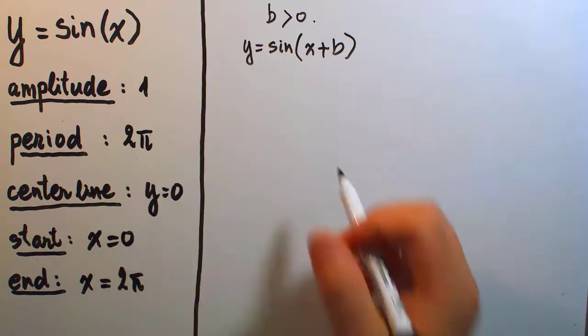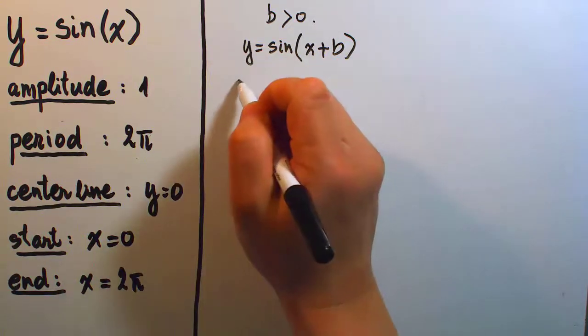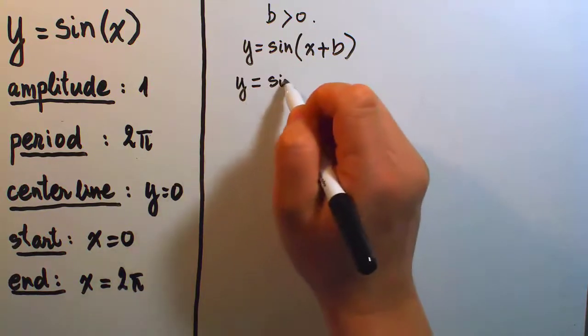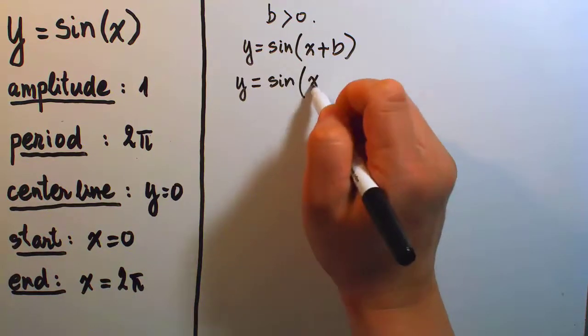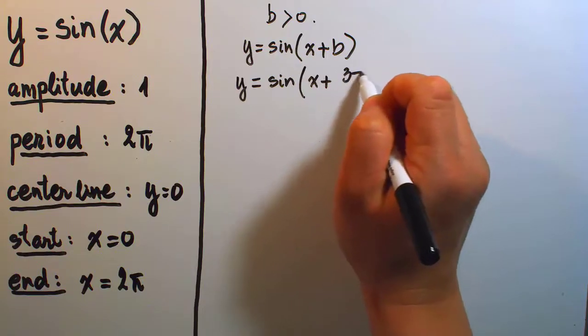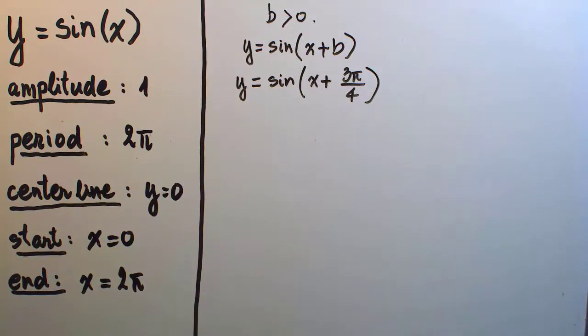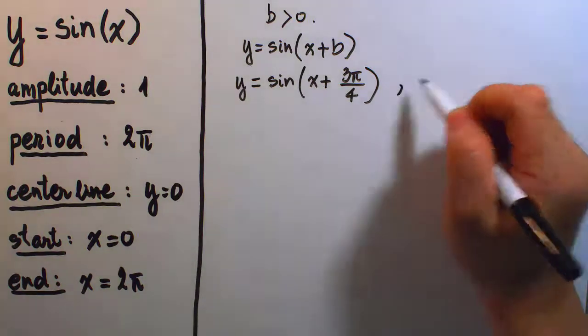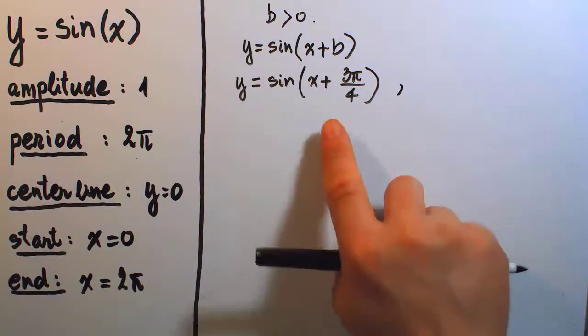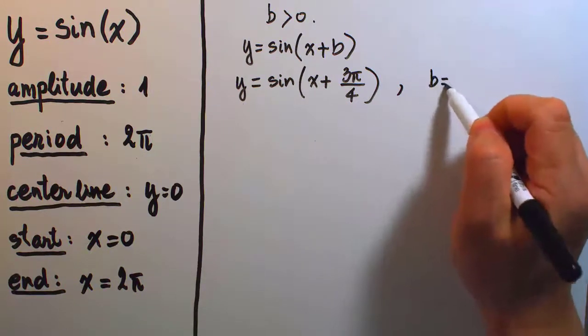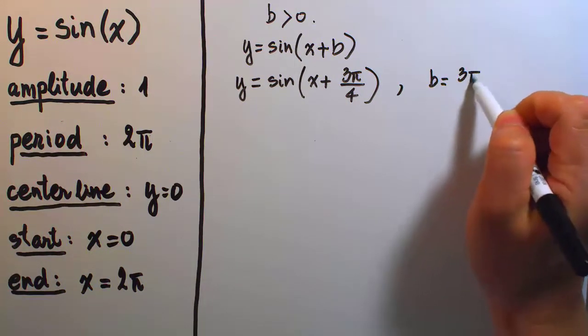And so our literal demonstration example here about sine of x plus 3 pi over 4. And so once again, in this case right here, in our particular little example here, then our b value is 3 pi over 4.